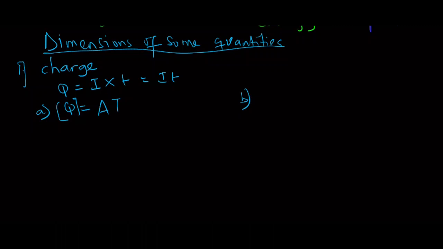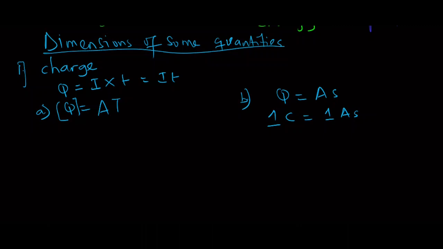The unit of current is ampere, while time is in seconds, and that will give us ampere seconds. We can as well write it as 1 coulomb is equal to 1 ampere second. So another unit for charge is coulomb. Coulomb is a derived unit, while ampere seconds is the basic unit for charge.